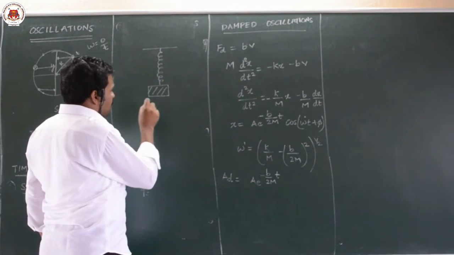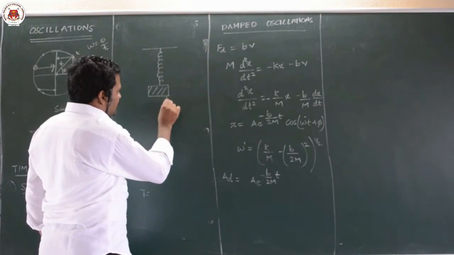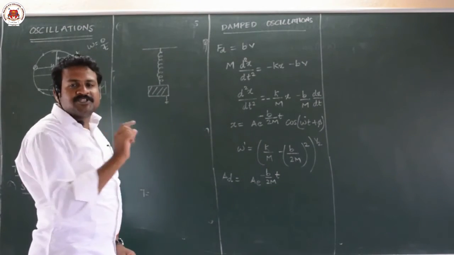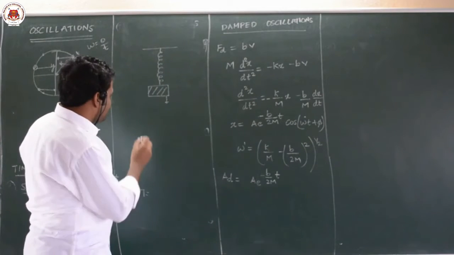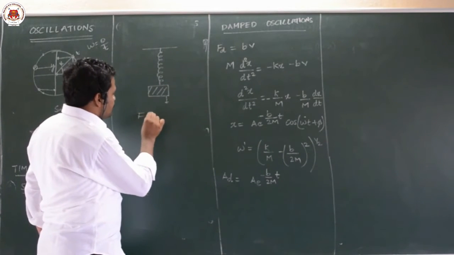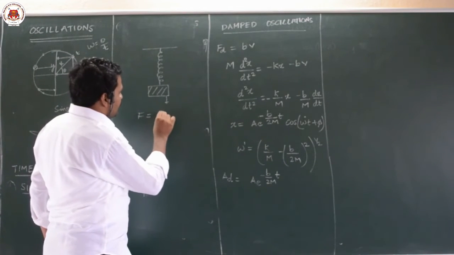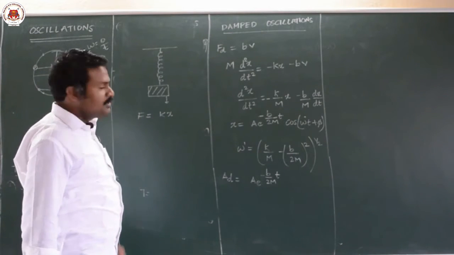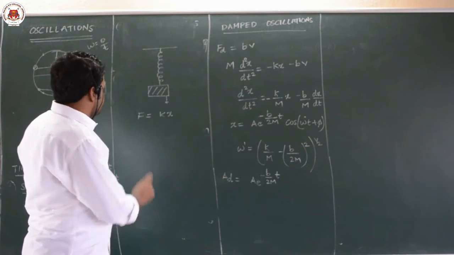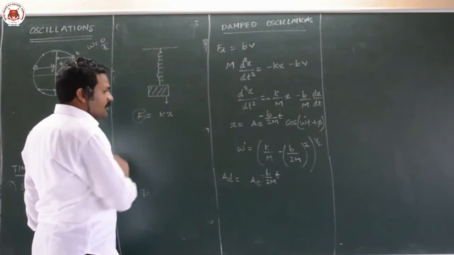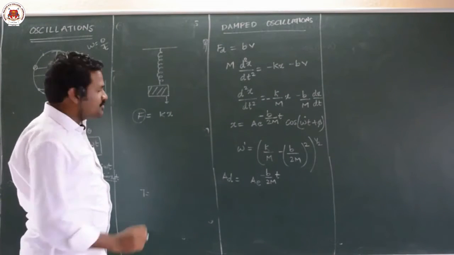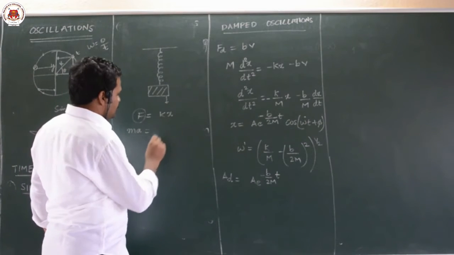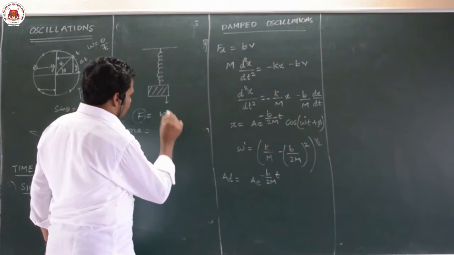So what is the force acting? Let us assume I applied some small force F and it has been given a small displacement x. Then the force acting is kx. According to simple harmonic motion, or according to Newton, we can write force is equal to m into a. M into a is equal to kx, right?